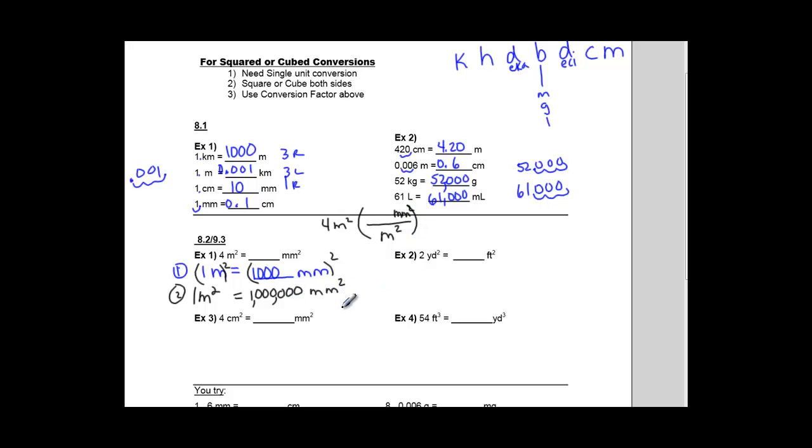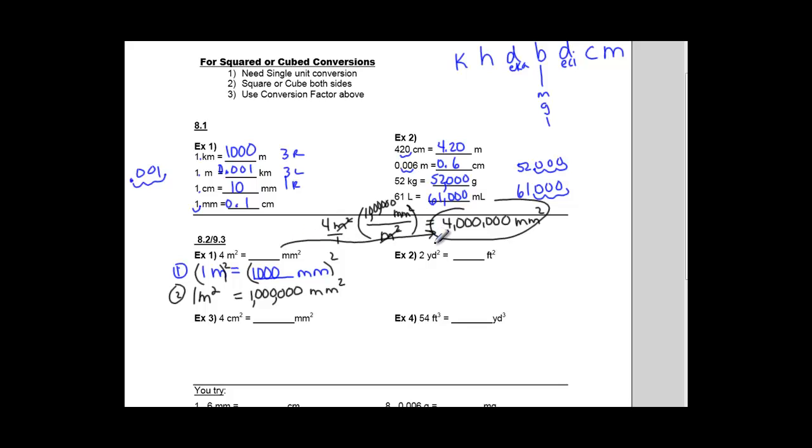So we just found that 1,000,000 square millimeters is equal to 1 square meter. So this has a value of 1. And as I multiply, the square meters will cancel out. As I multiply a fraction, this is like a 1, we already have 1 in the denominator here. Multiply across the numerator, we'll end up with 4,000,000 square millimeters. I can barely fit that in there, so I'm going to keep it right here.